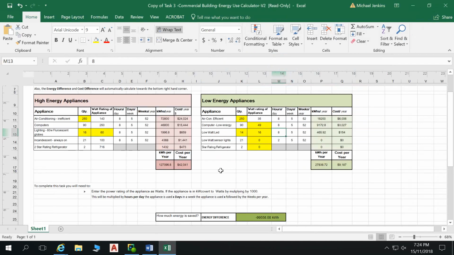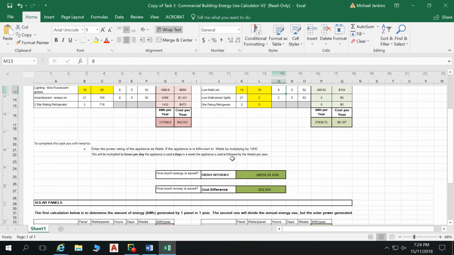Do we have to write about that in the assignment? No, you don't have to write about that in the assignment, but what you do have to do is work out how many solar panels you can get onto the roof. So you go, this is how many solar panels we can fit on this roof. They're 200 watts per panel.